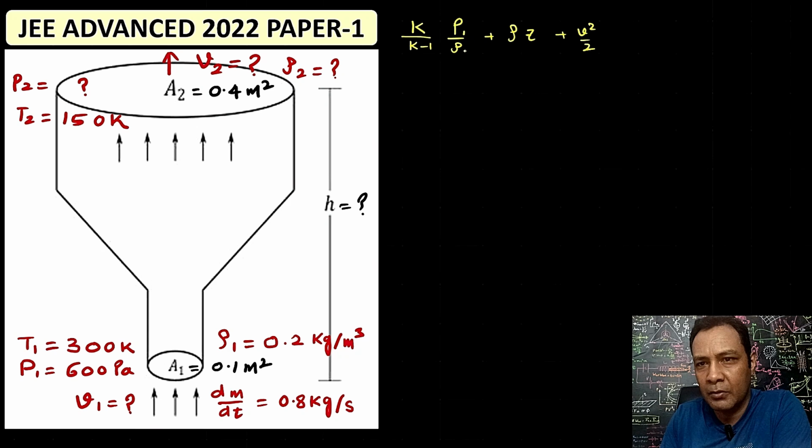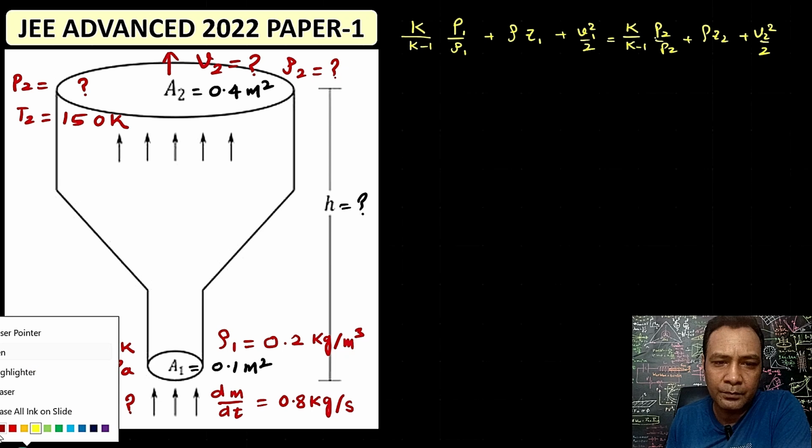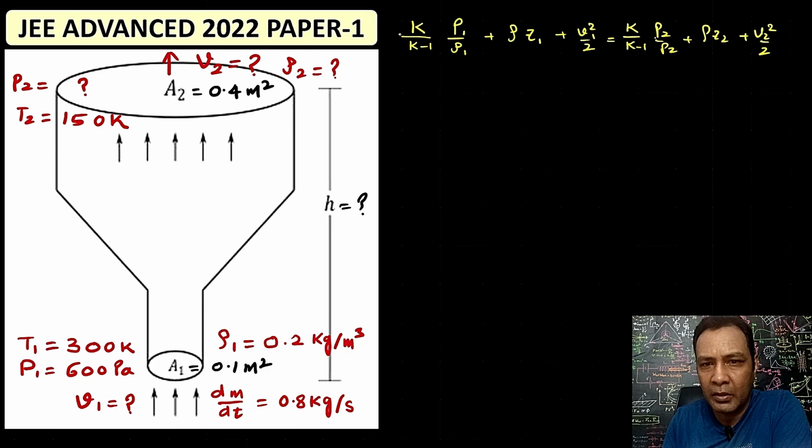At the lower end, that is p1, rho 1, height say z1 and the velocity v1. At the upper end, that will be k upon k minus 1 p2 by rho 2 plus gz2 plus v2 square by 2. And k was 2, so k upon k minus 1, 2 upon 2 minus 1, is 2.